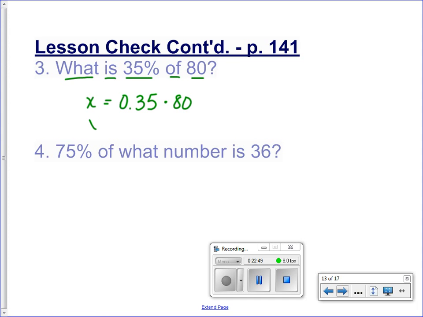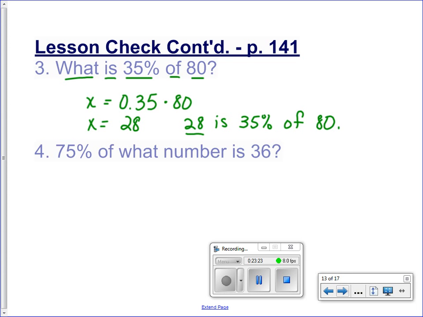All right, so this is a straightforward multiplication problem. 0.35 times 80 is 28. All right, so to write our sentence, we would say 28 is 35% of 80. Okay, with our answer being the 28.